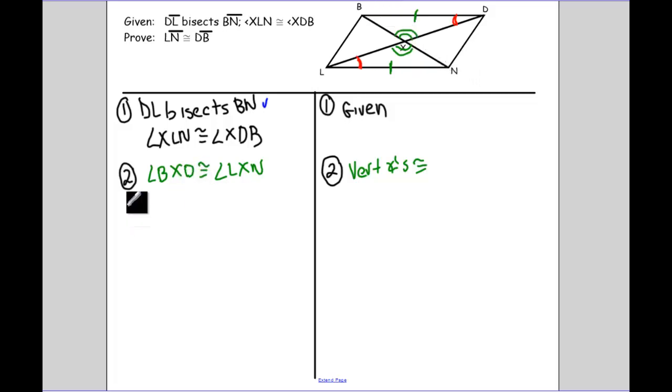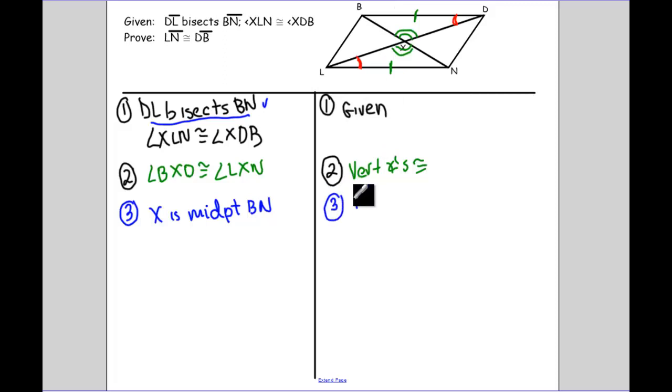So from that piece right there, I can say, since DL bisects BN, that X is the midpoint of BN, because that is the segment that is being bisected.